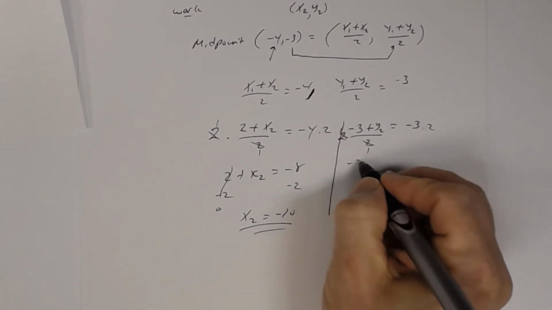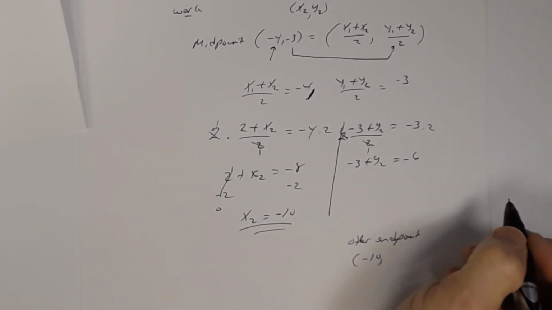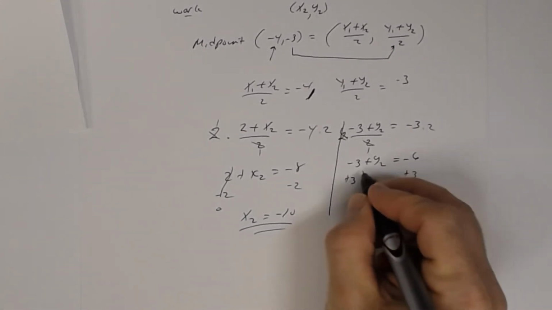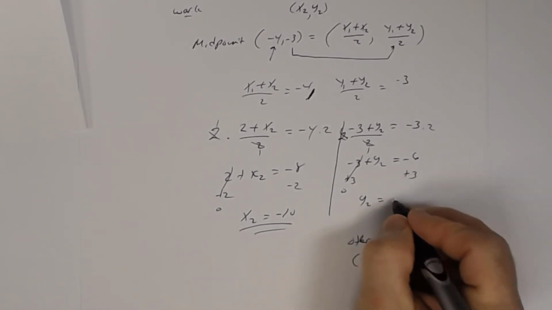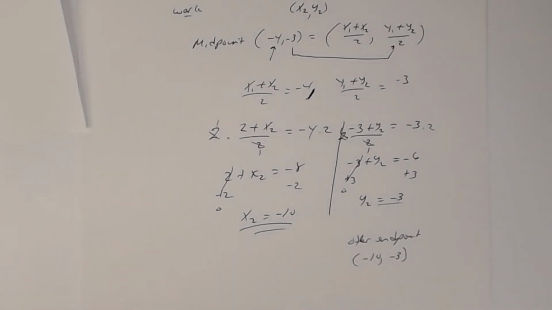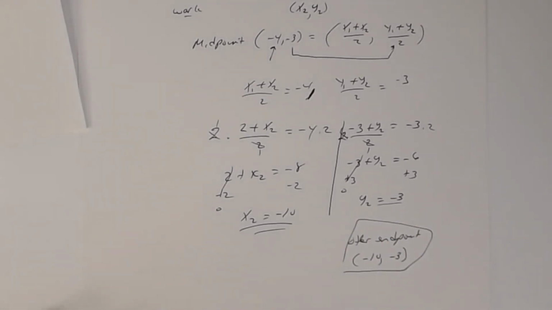And so I get negative 3 plus y2 is equal to negative 6. Okay, negative 3 times 2 is negative 6. Adding 3 to both sides, this is 0. I get y2 equals negative 6 plus 3, which is negative 3. So that is the other endpoint. So the other endpoint is negative 10, negative 3, and that will be the answer.